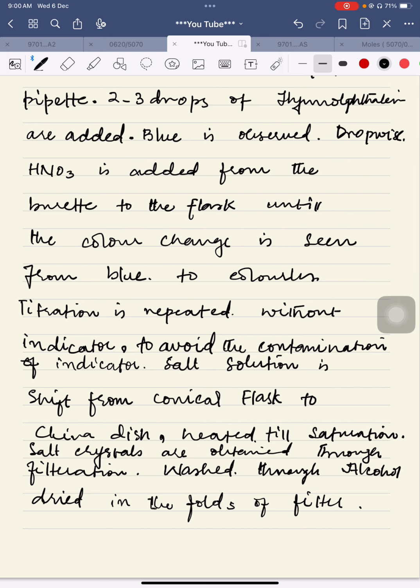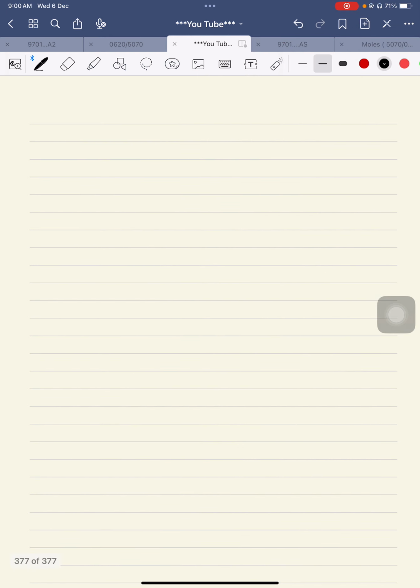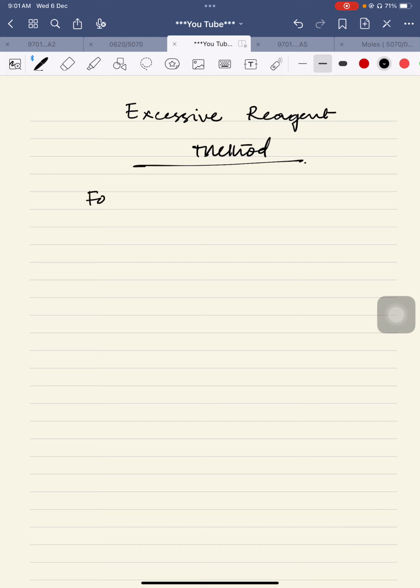Okay, so right now I'm going to take you to another page, and this is related to the next method, which is called the excessive reagent method. Excessive reagent method is basically used for all those salts which are soluble.